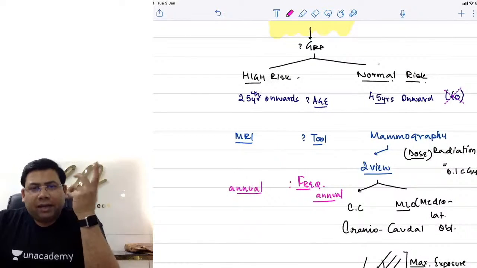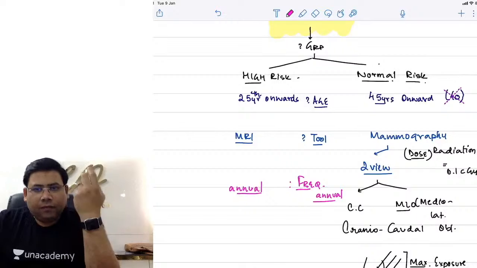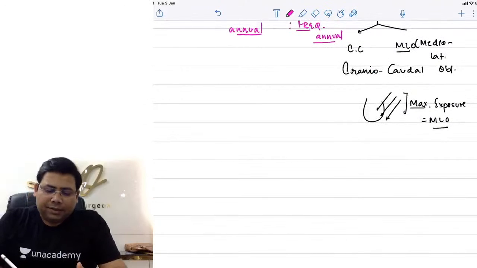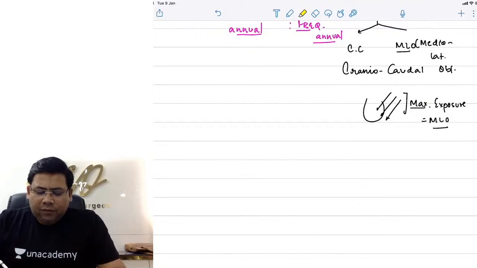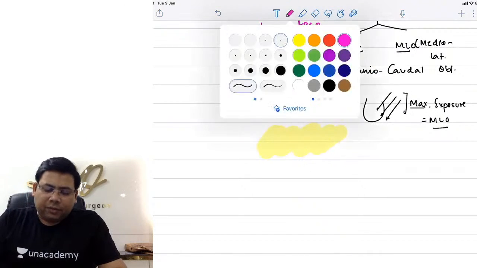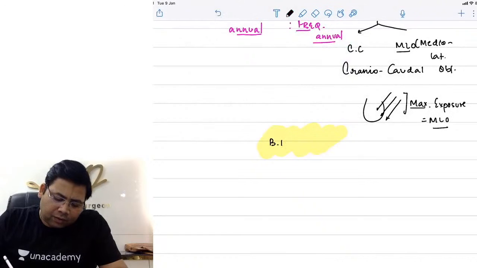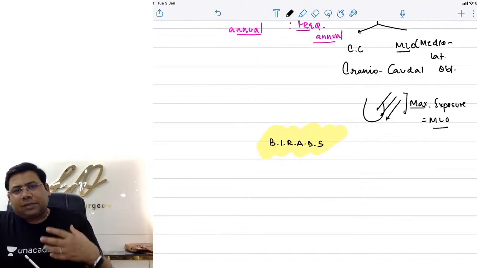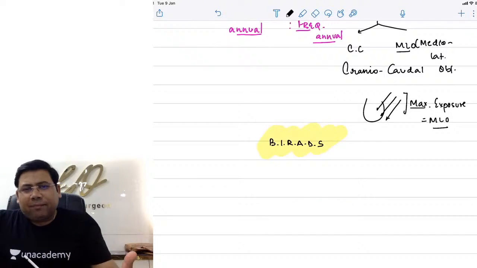Now whenever we get anything suspicious on radiology, we express that in terms of what? BI-RADS. Or if we don't get anything, we express it in terms of BI-RADS. Do you know what is BI-RADS? What is the biggest concern of any surgeon? Answer is to know how close my breast pathology is resembling a malignancy.